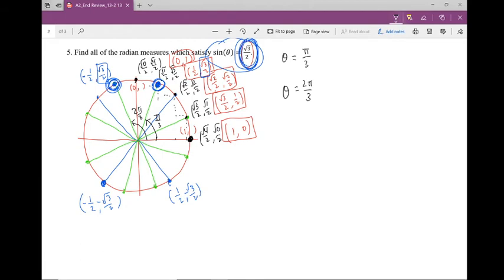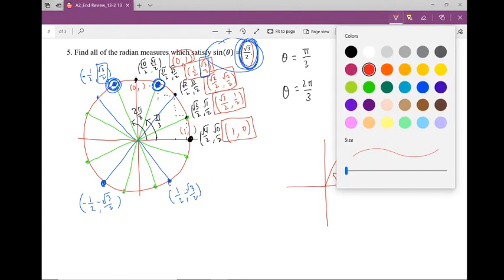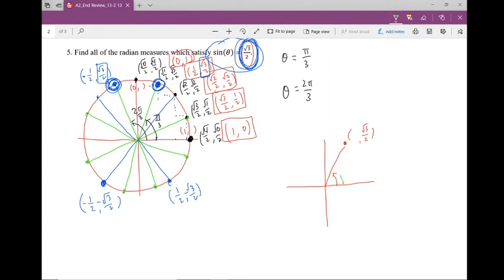If we redraw one of those radian measures, yes, the y-coordinate of this radian measure is going to give us square root 3 over 2 like we wanted. However, if we went forward a full circle before we reached here, so instead of pi over 3, it's now pi over 3 plus 2 pi, we would still end up with the same value. So it's not correct to just say that this will give me square root 3 over 2.